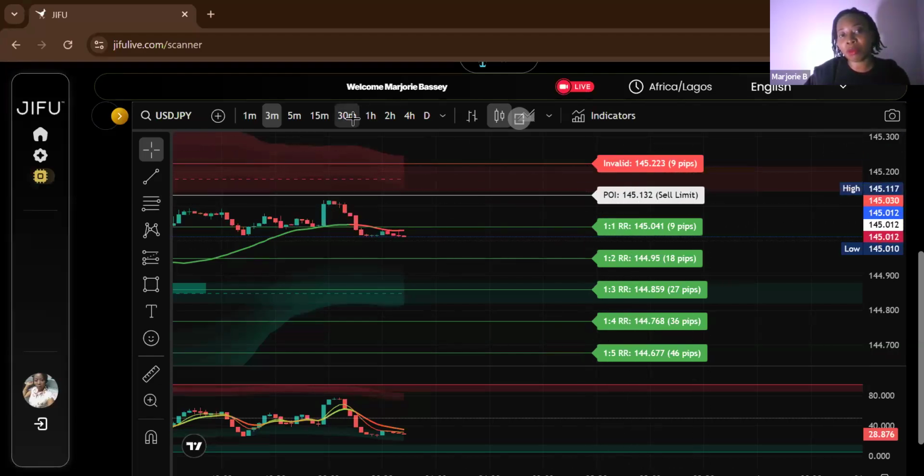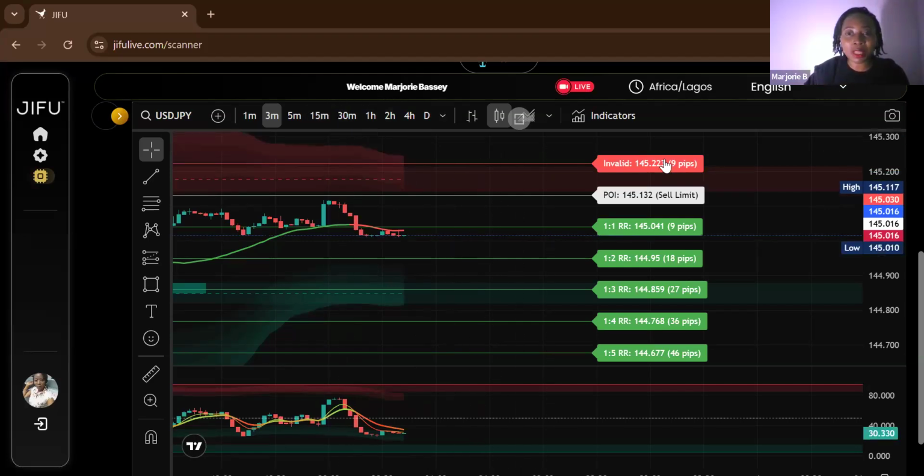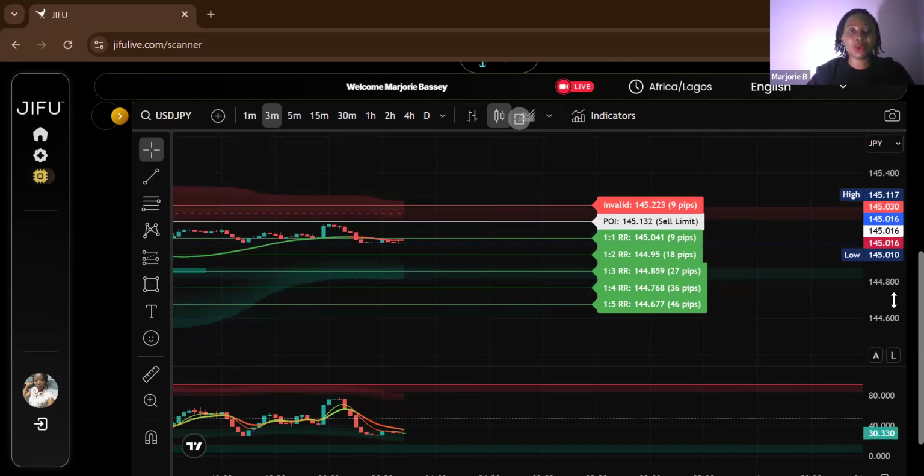On the lower time frames, from even 1 hour downwards, the invalidation or the SL is usually not more than 27 pips. 1 hour will give you typically 25, 27 pips, and then 15 and 30 minutes will give you typically between 10 to 18, 19 pips, depending on what you're trading. And then you see the various TP levels there.